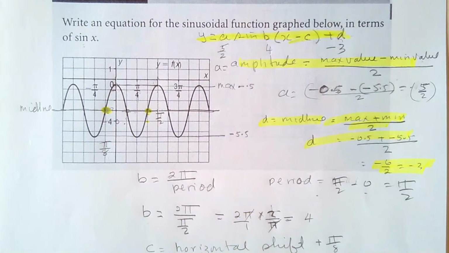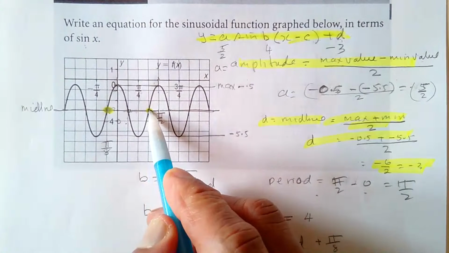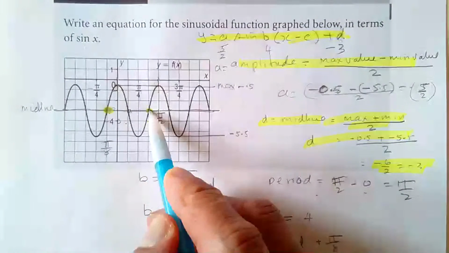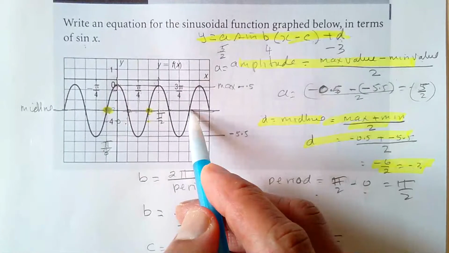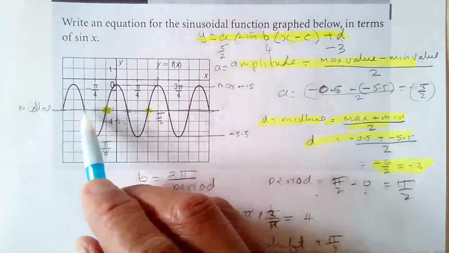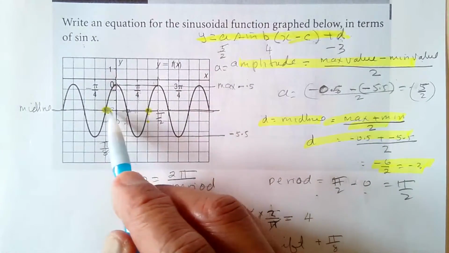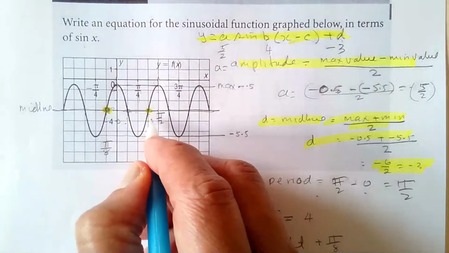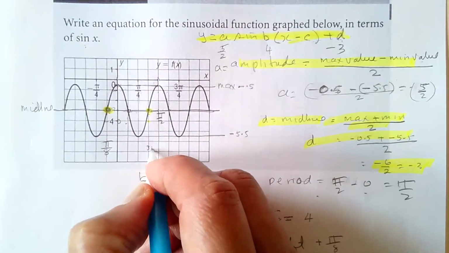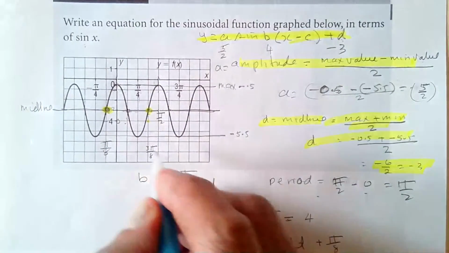So it depends on where you are using your shift to be, and they'll all give the same result. You can even start from here too. But because this is a continuous graph, I'll use this one for now, so it's pi over 8. If you use this one here, it's 3 pi over 8, and this will be negative.